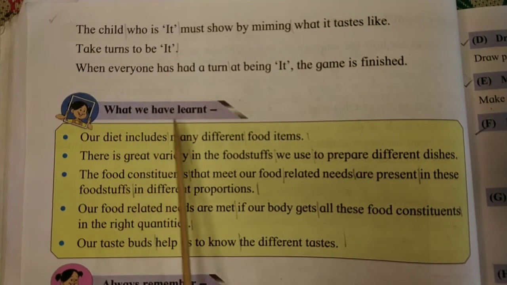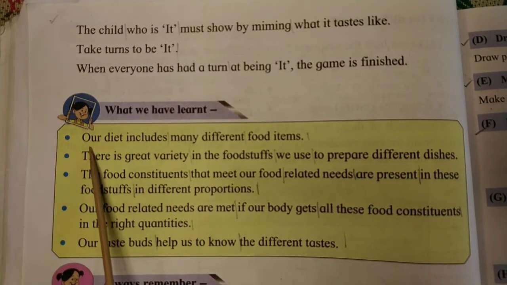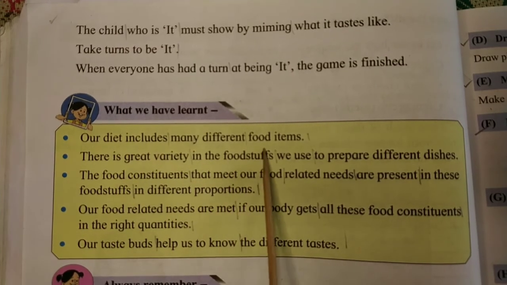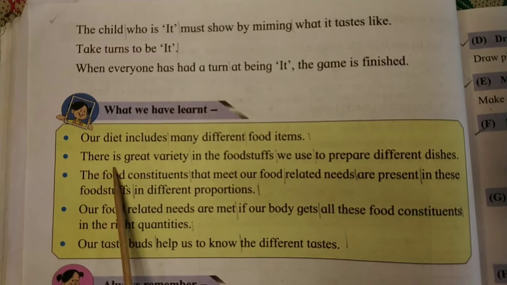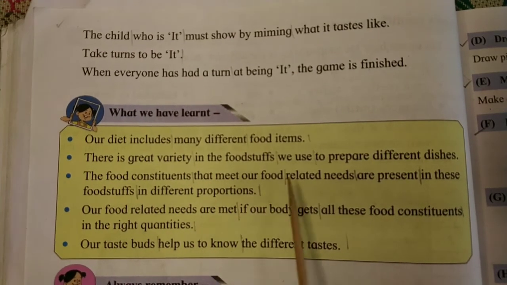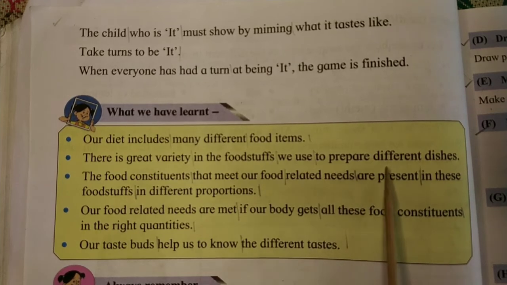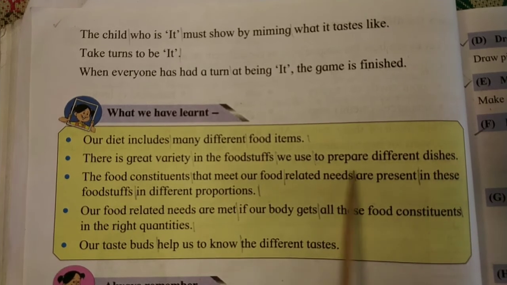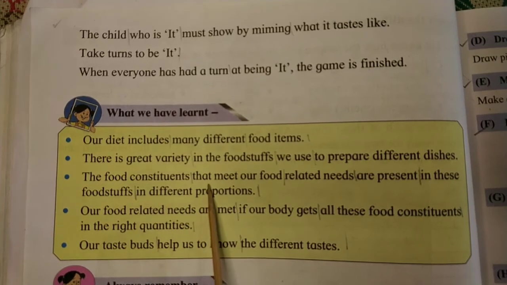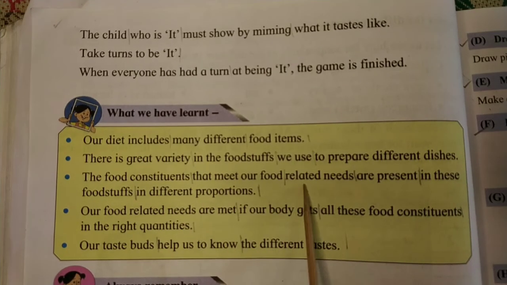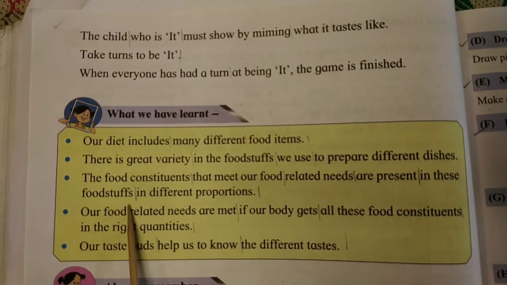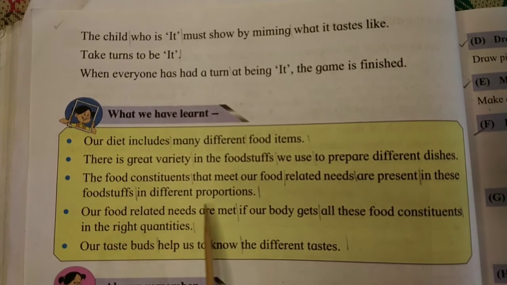What we have learned: our diet includes many different food items. There is great variety in the foodstuffs we use to prepare different dishes. The food constituents that meet our food related needs are present in these foodstuffs in different proportions.